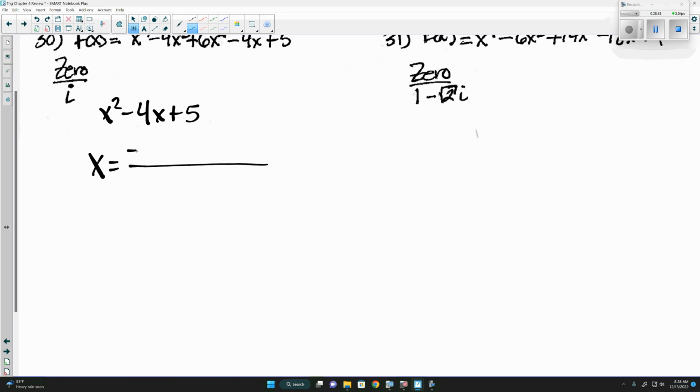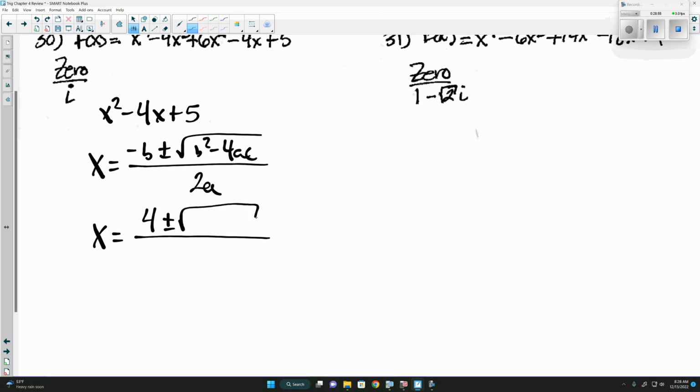Quadratic formula. Negative b, so negative 4 is going to be 4, plus or minus the square root of negative 4 squared minus 4 times a times c all over 2 times 1.